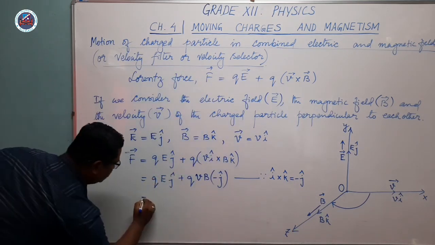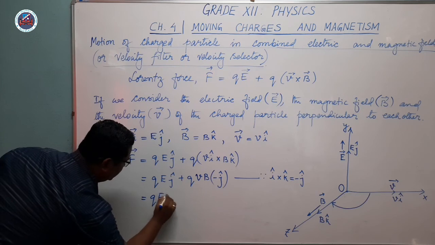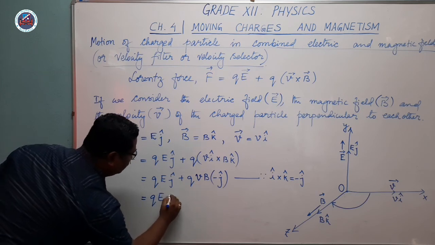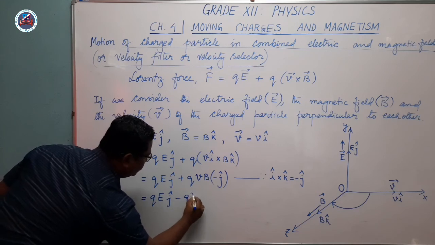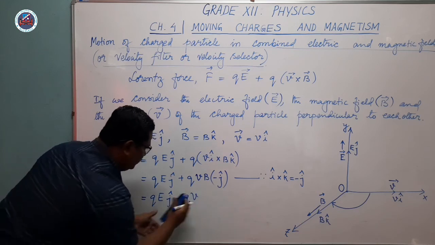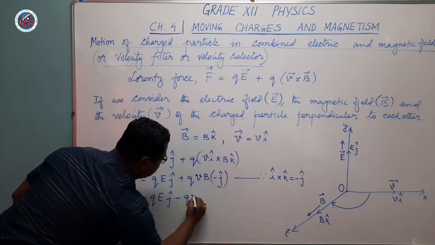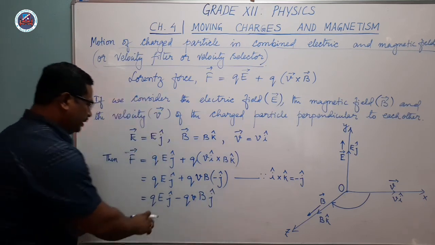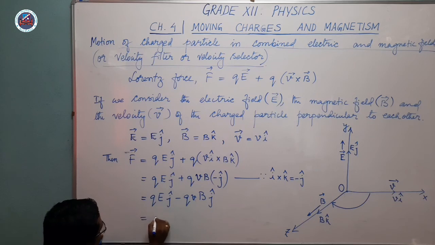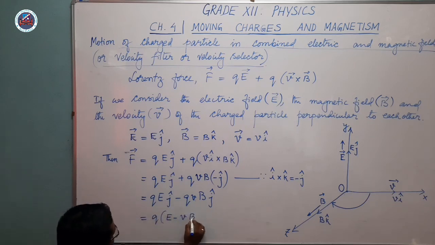Now this one can be written as QE j cap plus into minus is minus QVB j cap. Here you can see the term Q is common, and E minus VB j cap is also common.